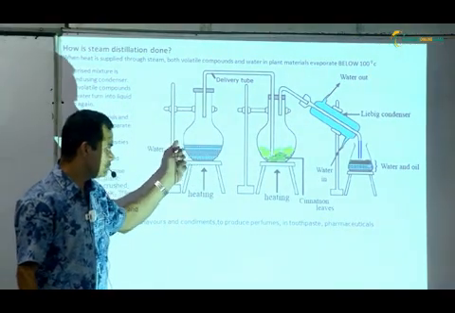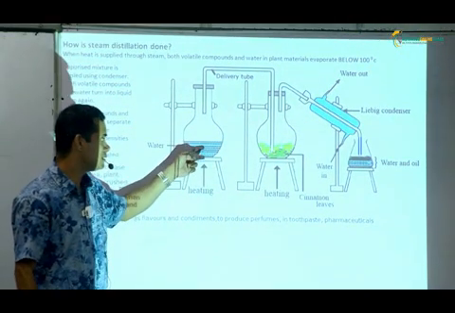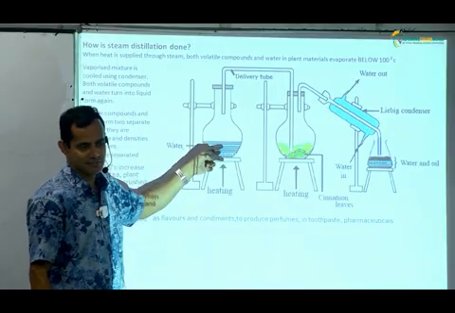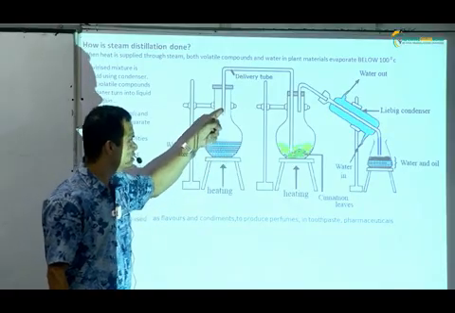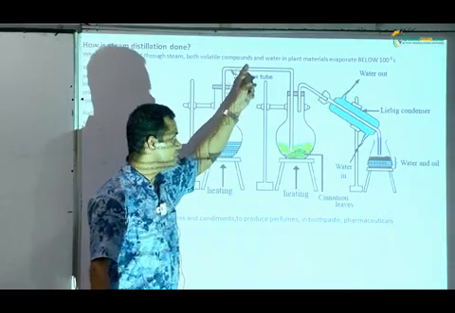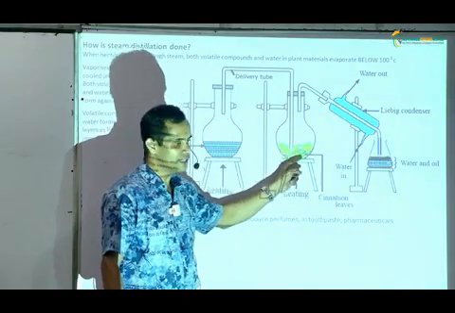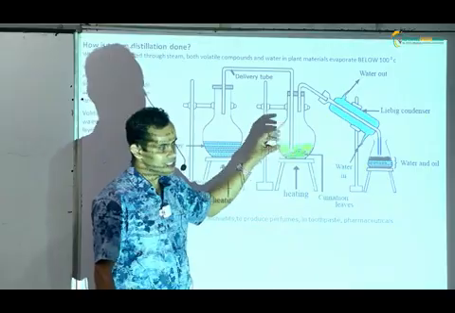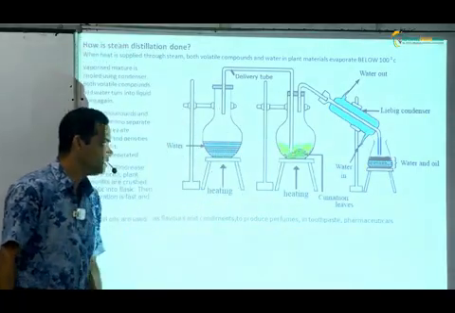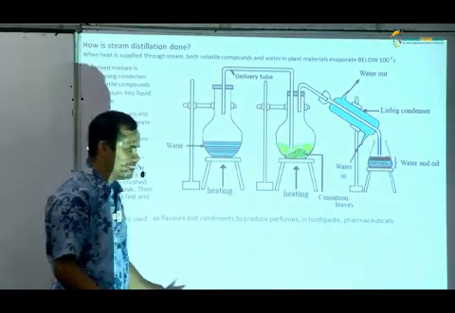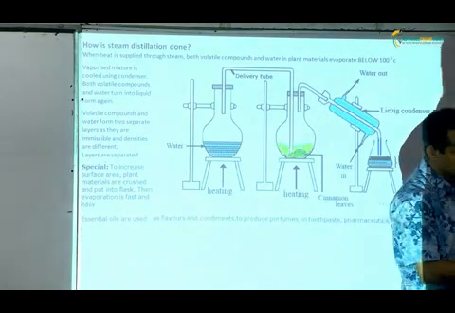Water is taken, water is heated. Why? To get steam. Steam is passed through this delivery tube upwards through plant parts to boil the essential oils. Essential oils in plant parts boil.